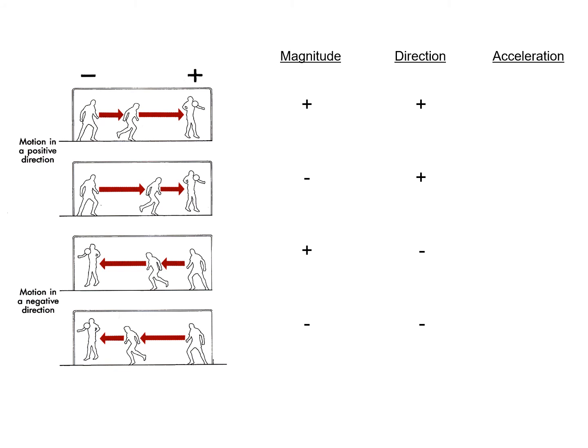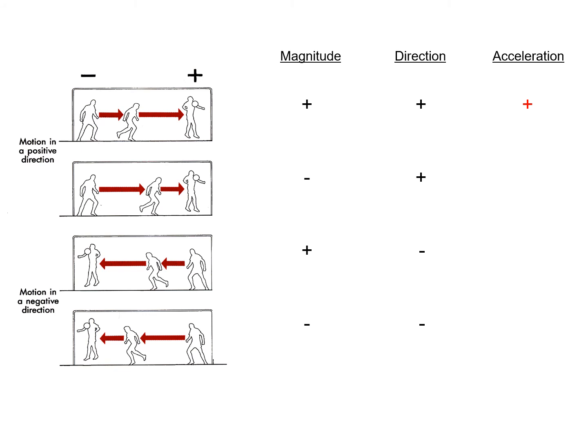So this is a nice little thing to work through and keep in the back of your head. Write it out a few times on some loose leaf paper and you'll remember it. If we have a positive change in magnitude and a positive change in direction, we have a positive acceleration.